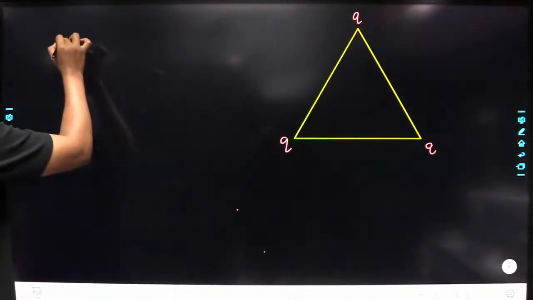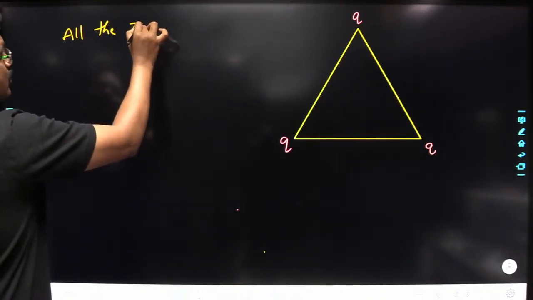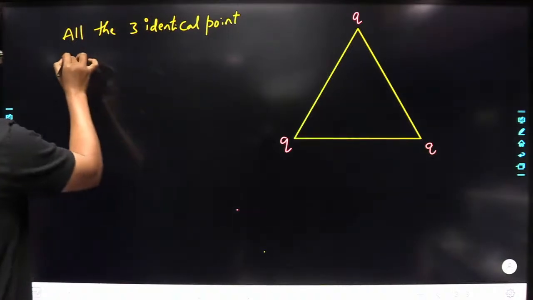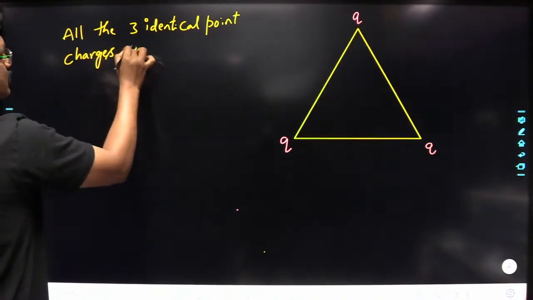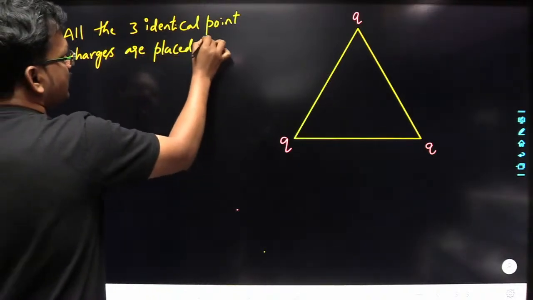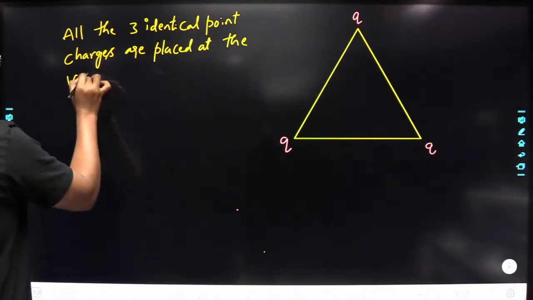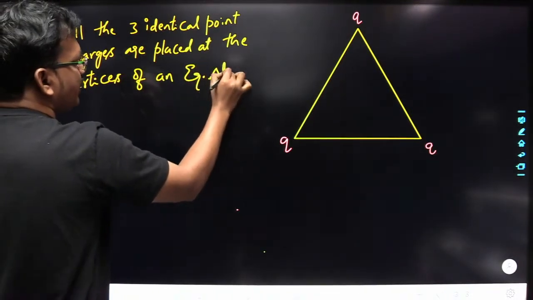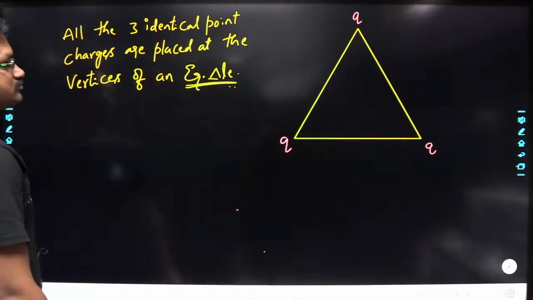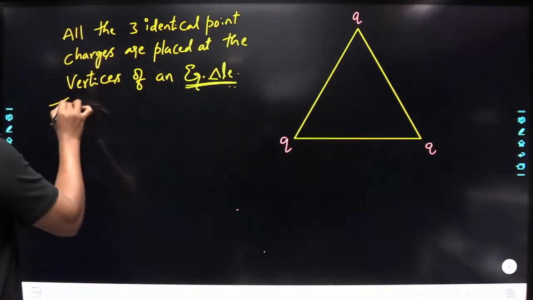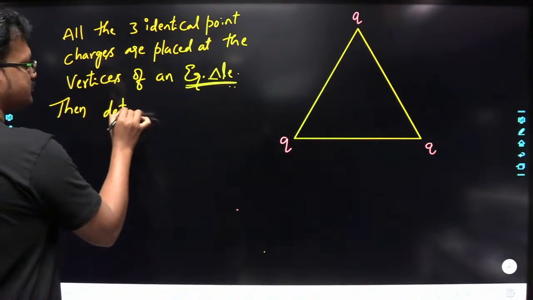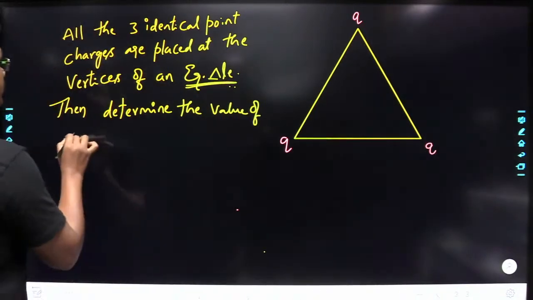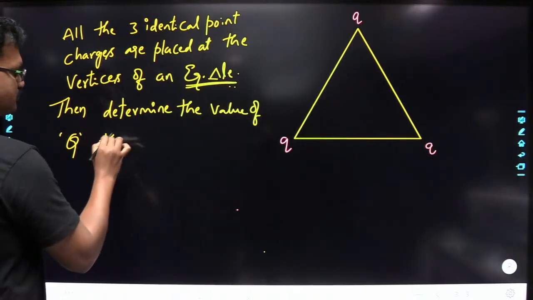Okay, so all the three identical point charges are placed at the corners, at the vertices of an equilateral triangle.